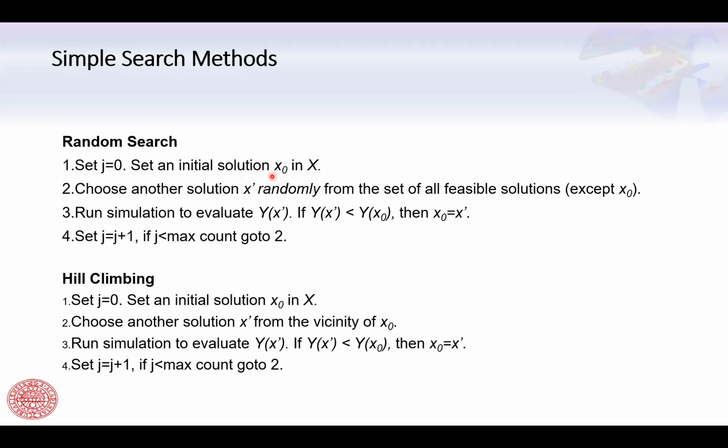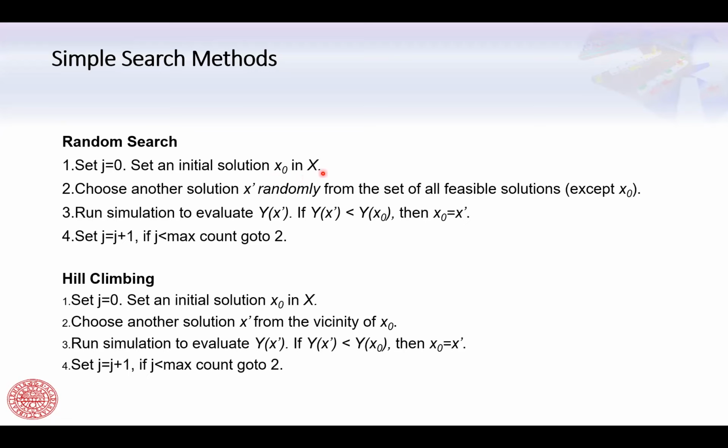Otherwise, if you don't have any good solution to start with, you will rely entirely on randomization. So you just randomly choose a solution in your search space. Of course, the chance that you will hit the jackpot is very small. But anyway, we start with a solution x0 from your available solution set.